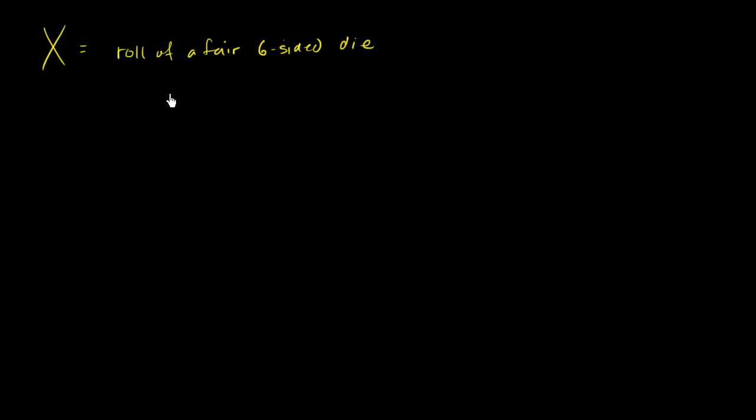So on the vertical axis here, this is going to be the probability that we get any particular outcome. And then over here, we're going to put all of the outcomes. So the values that x can take on are: you could get a 1, a 2, a 3, a 4, a 5, and a 6.